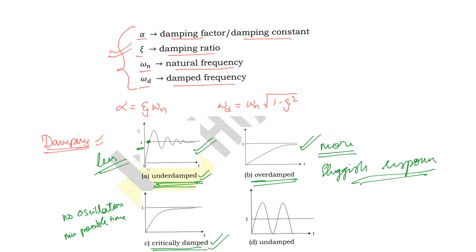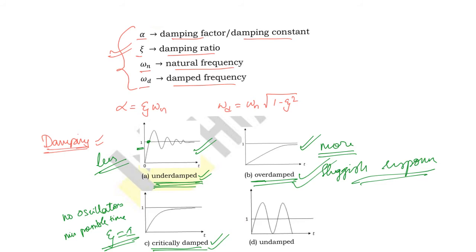The other way around, if you take an overdamped system and start decreasing its damping, at the point of damping where the oscillations will not occur, if you reduce the damping below that value, the oscillations will start occurring. That is called the critically damped system. We have discussed that this occurs at zeta equal to 1. We will also discuss later why zeta is equal to 1 for a critically damped system.